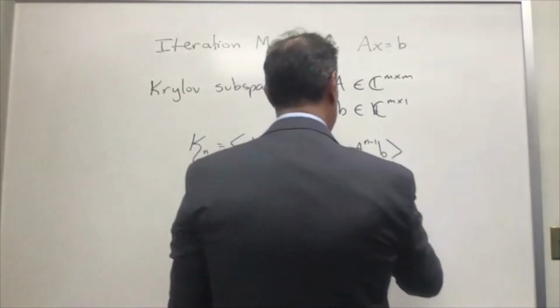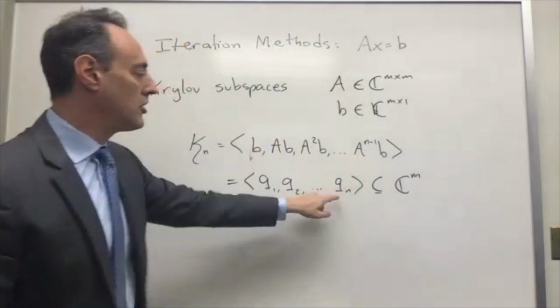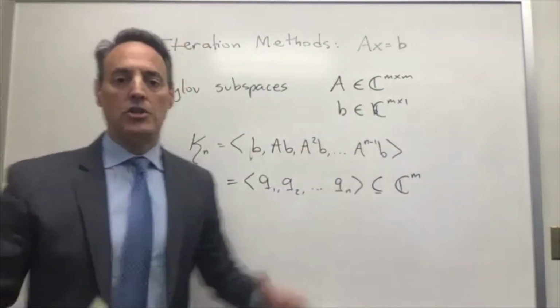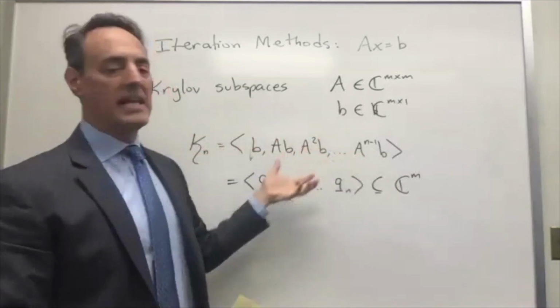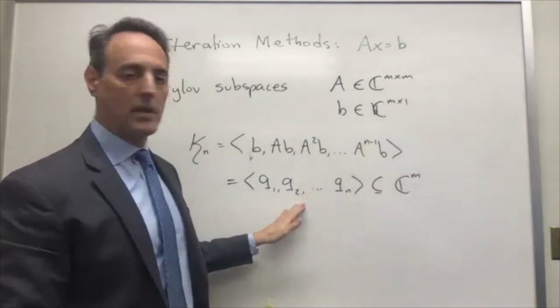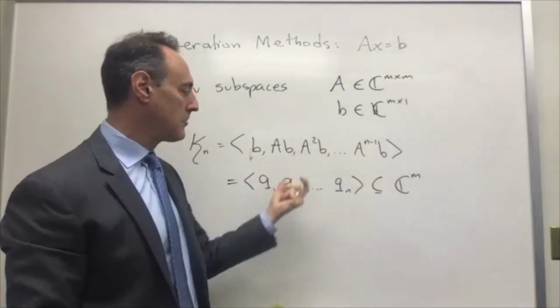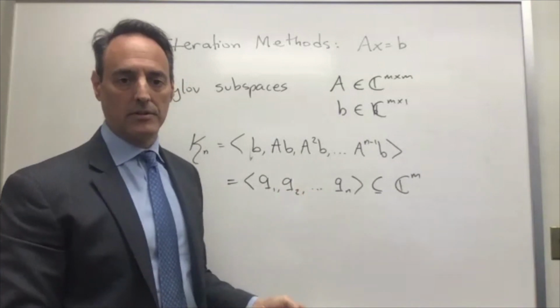Okay, and these are a subset of the m-dimensional space. Notice I'm only going to n dimensions. So out of this m-dimensional space, I define an n-dimensional subspace in this fashion, which, by the way, I could say, well, if this is an n-dimensional subspace, I could come up with instead n orthogonal vectors.